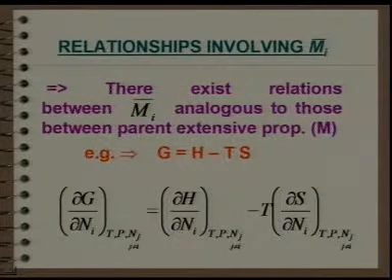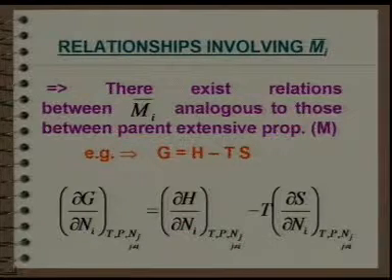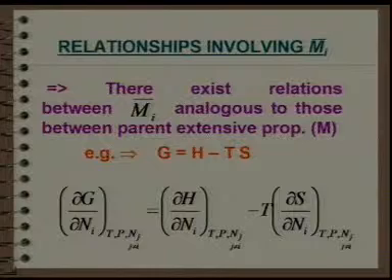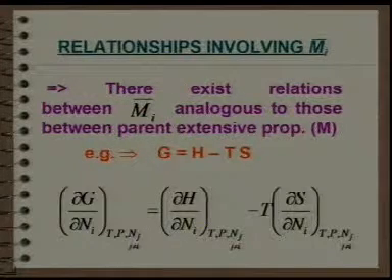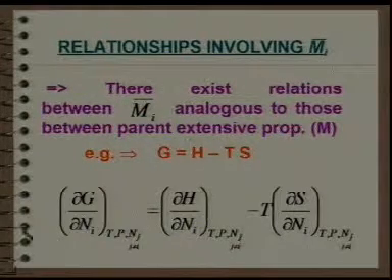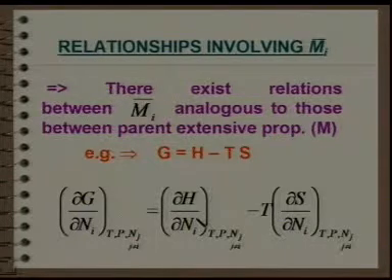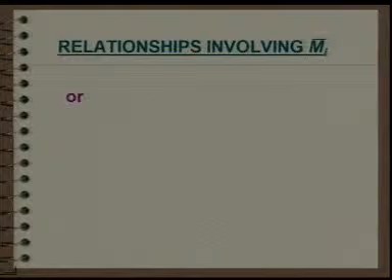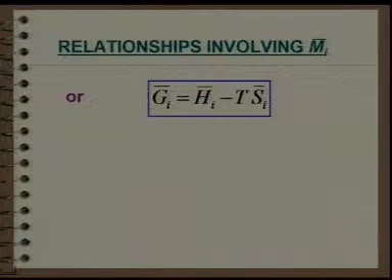So, if M is equal to H, it becomes Hi bar, if M equals S, it becomes Si bar, if M equals G, it becomes Gi bar. So, what do you get as the result from here? Gi bar equals Hi bar minus T into Si bar. So, you get a very simple result, which is quite analogous to the corresponding result for the parent extensive property.